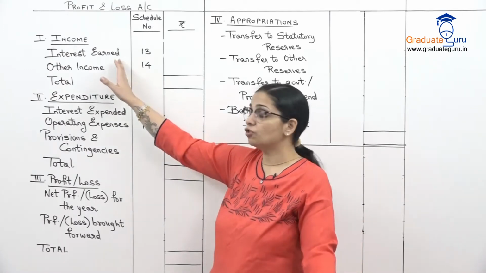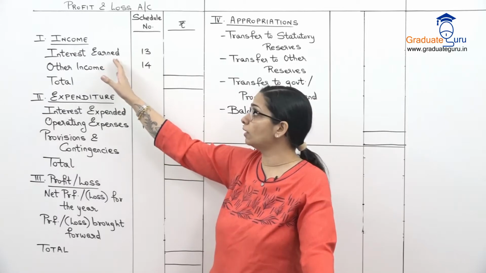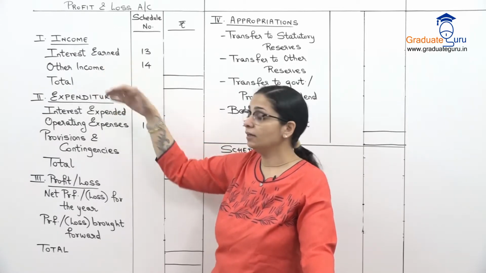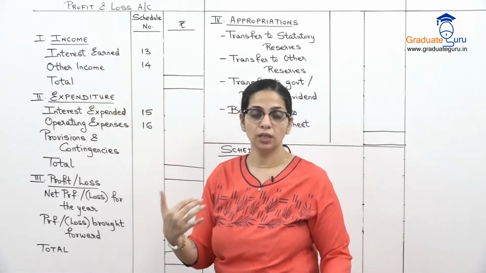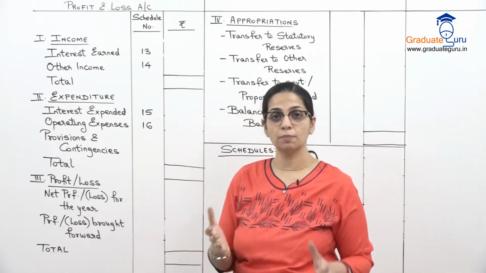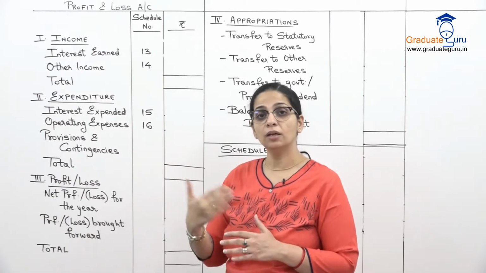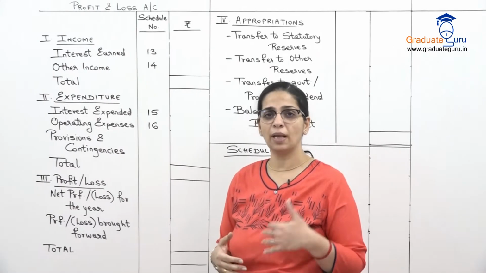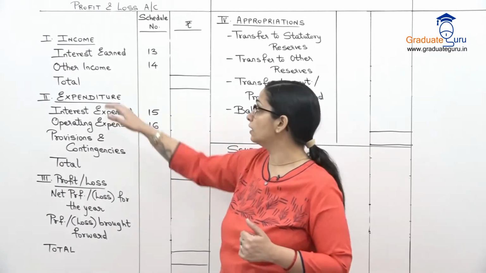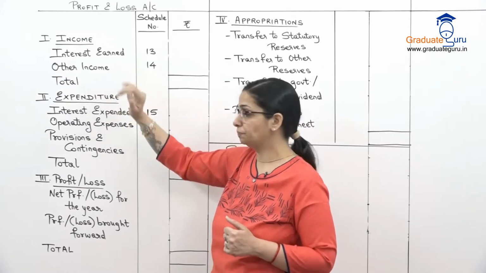So that interest, total interest is shown under interest earned, and if there is any other income. So the other income is not that important because बैंक के लिए major income will be our interest income. Other than that, if they have any other income like investment income etc., that will be shown over here.